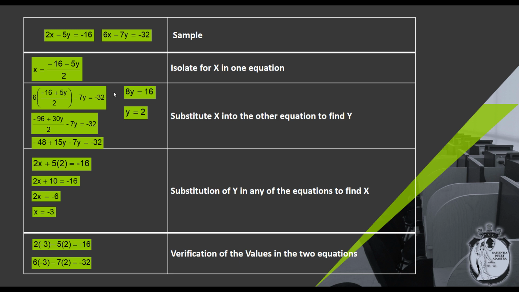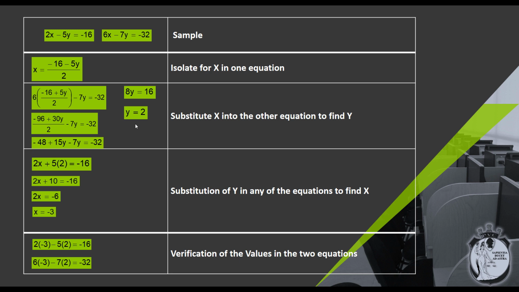Now when you substitute that value, you need to do the operation indicated, and you need to clear the variable and get one value. Here, if you isolate x, you will get y. If you isolate y, you will get x.